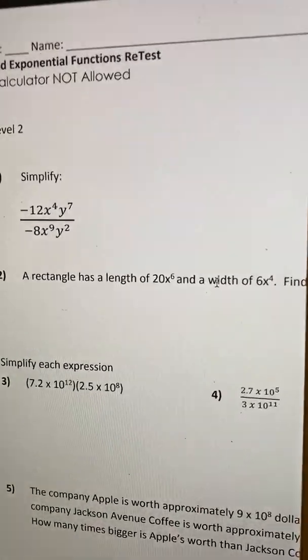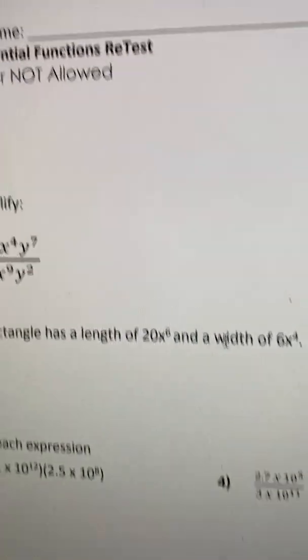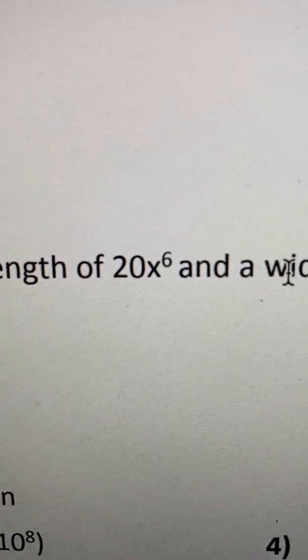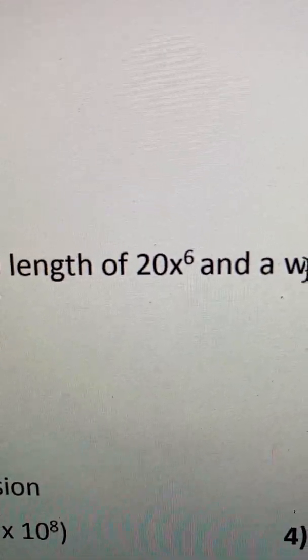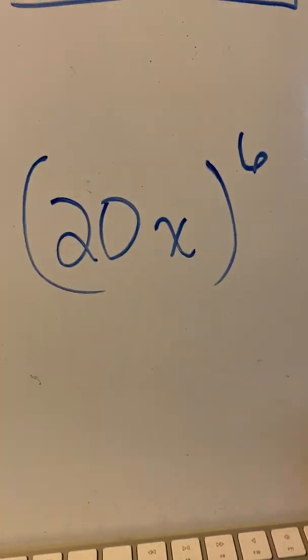Number 2, where it says the rectangle has a length of 20x to the 6th power, we have to understand that the only thing in this problem that is to the 6th power is the x, not the 20. There's a big difference between 20x to the 6th and (20x) to the 6th.